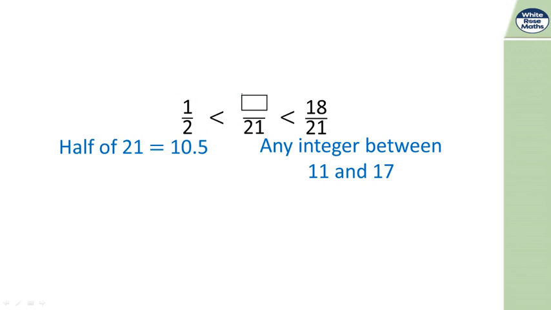So anything more than half is going to be bigger than that. And half is 10.5, so any integer from 11 21sts is going to be more than half the whole, and it can't be above 17 because this one's 18 and we want it to be smaller than that. So let's put anything between 11 and 17 in there. So let's put 12.